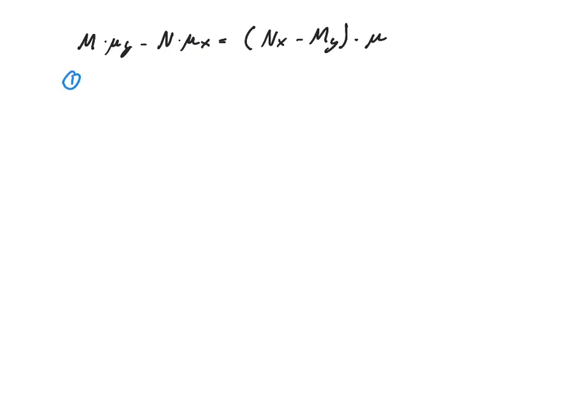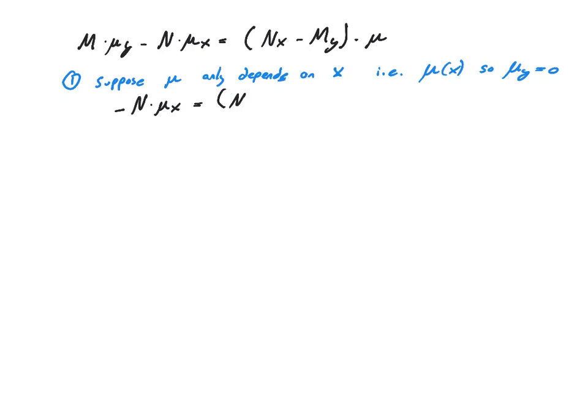Case 1, suppose mu only depends on x, i.e. it's mu of x. So what that means is that mu sub y is identically equal to 0. So now I'm left with n times mu sub x is equal to n sub x minus m sub y times mu.